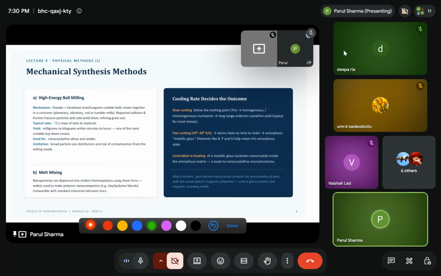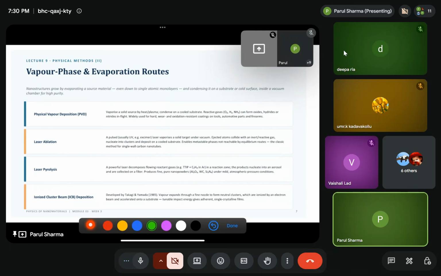So why does it matter? Glass derived nanocrystals combine the processability of glass with size tunable optical and magnetic properties, and we are using these techniques in glass ceramics and magnetic recording media. Then we have already completed this PVD process.